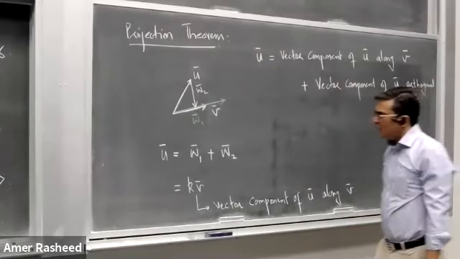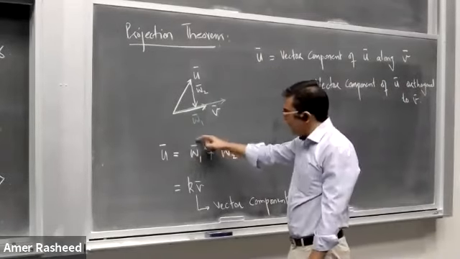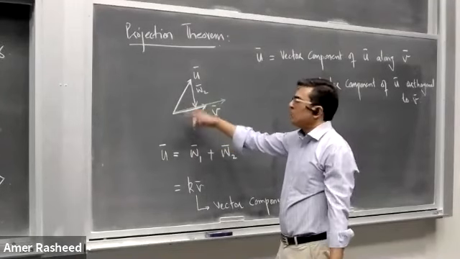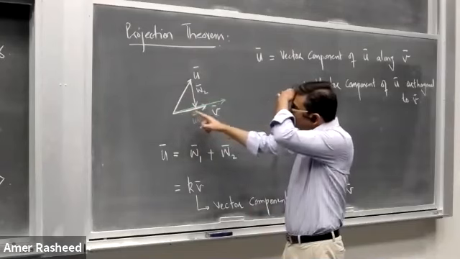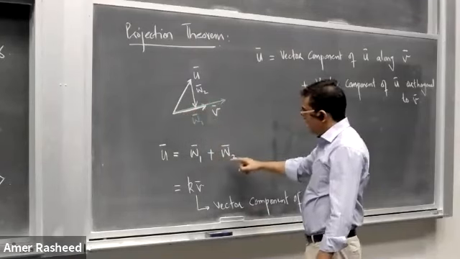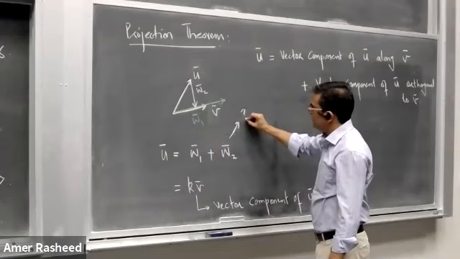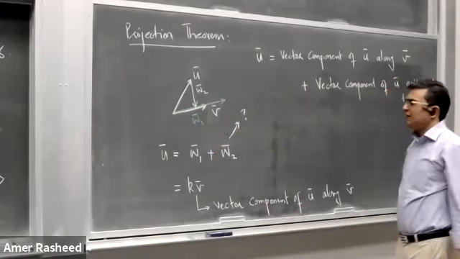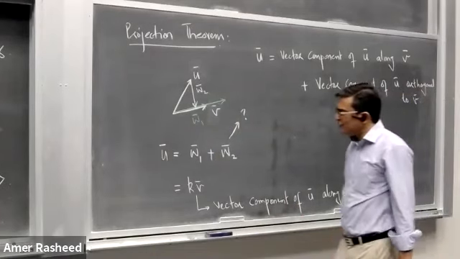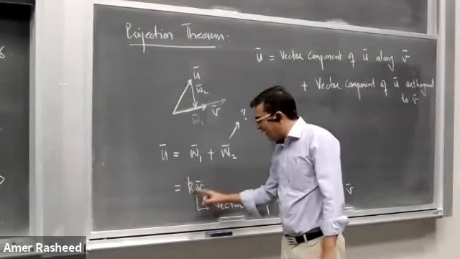Now we know the expression for W1. It is a scalar multiple of V. Now, what is W2? We don't know. We need to find the form of W2. And also, we don't know the value of K here.